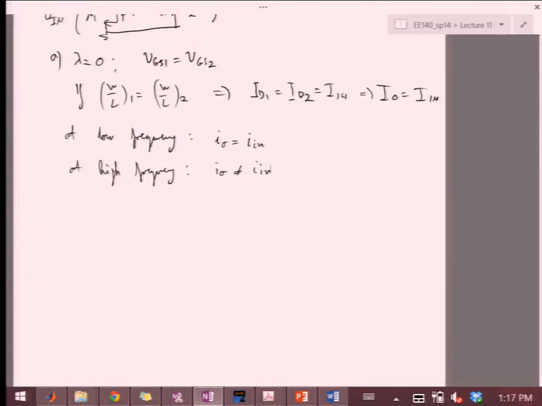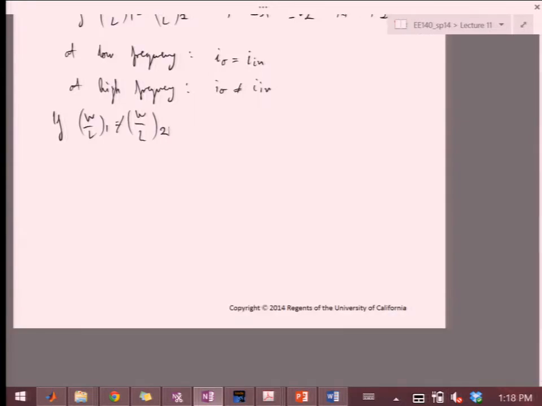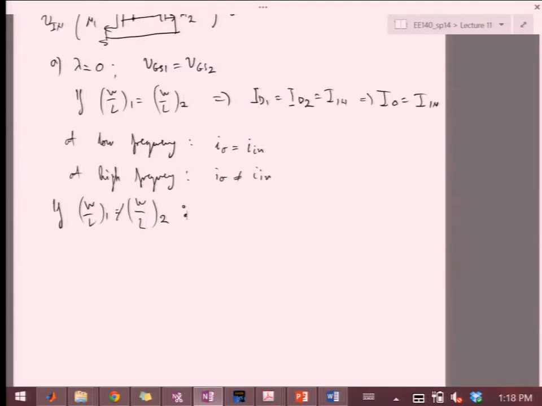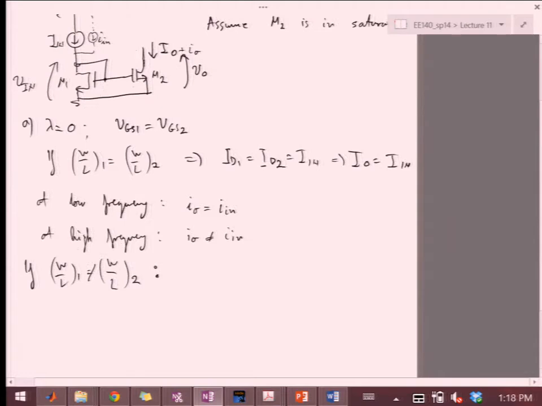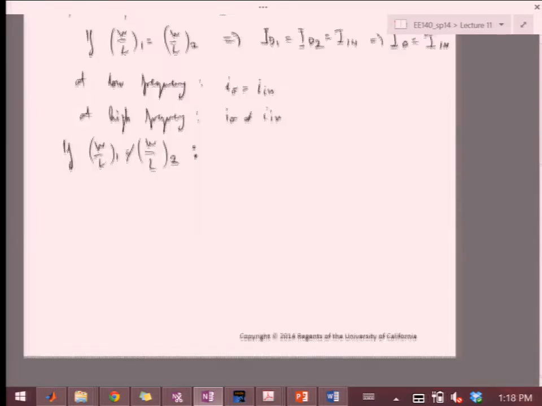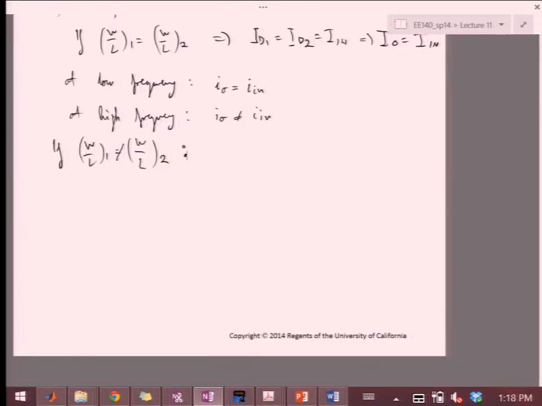Now if W over L1 is different from W over L2, let's see what happens. We still have the VGS shared between the two transistors, so we can write the two equations.